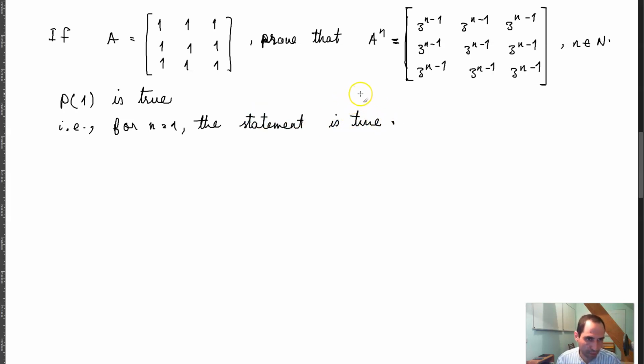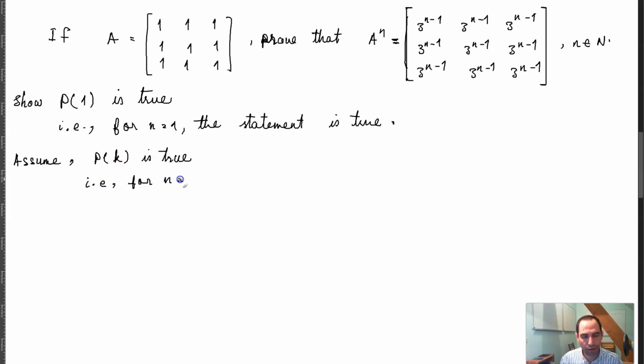Then, after showing that P of 1 is true, you need to assume that P of k is true, meaning that for n is equal to k, the statement is true. And you need to show that P of k plus 1 is true.